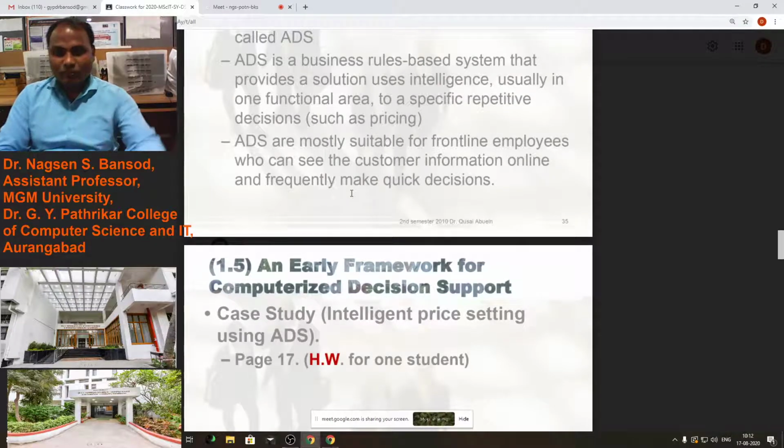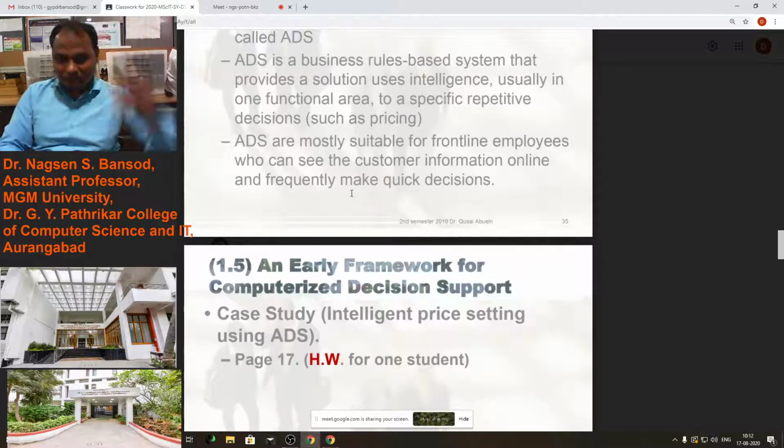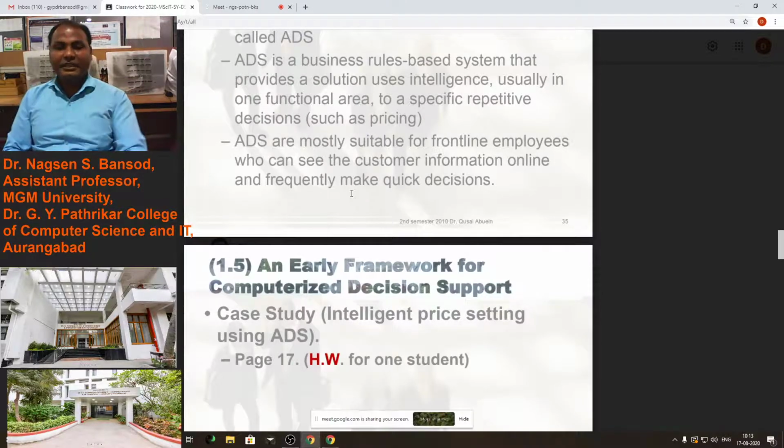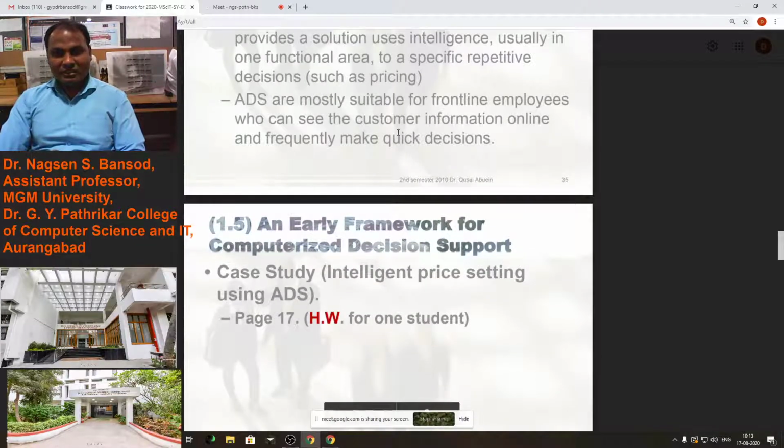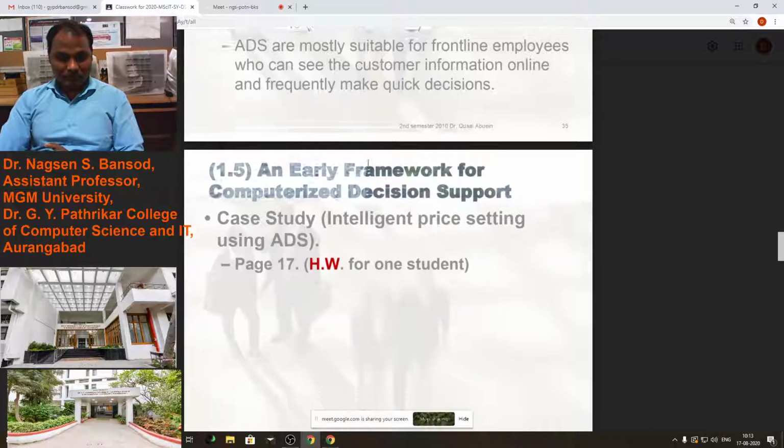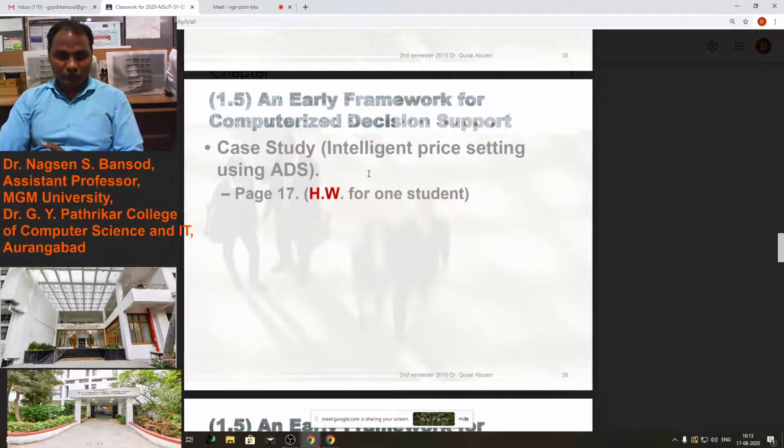The employee will just put that, 1 lakh to 5 lakh, into the system, into the mobile phone or the computer. Directly he should get all the models of our cars, all features of our cars which are between 1 lakh and 5 lakh. That is the automated decision support system, which can see the customer information and should be used.